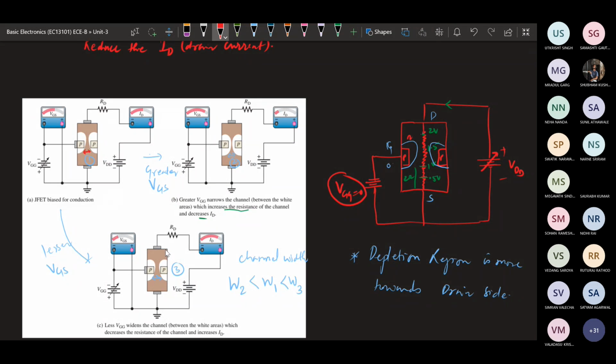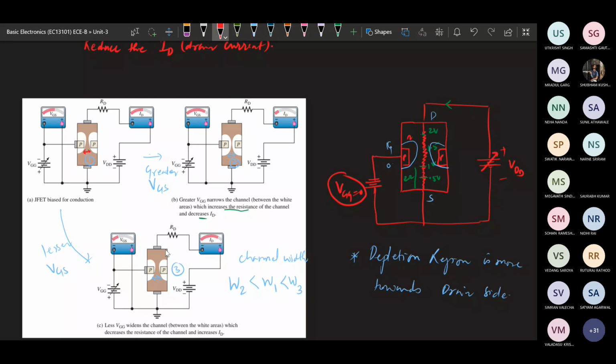Okay, so pinch off is the point when the depletion region has reached the case where both depletion regions touch each other. That means there will be no channel in between these two gates.